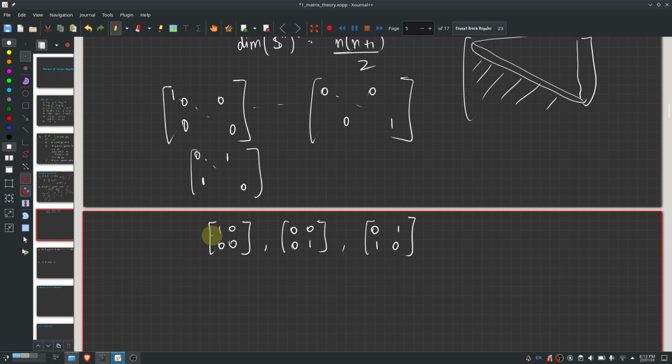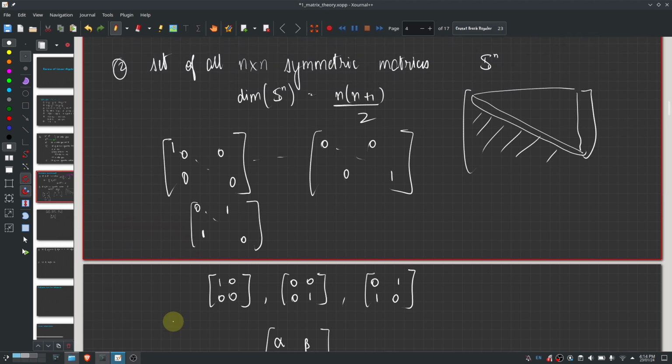And you can see that you can generate any symmetric matrix as a linear combination of these. Correct? So any linear combination of these would take the form alpha, beta, beta, gamma. Correct? And any symmetric matrix can be written in this particular form. Right? Is that clear? Any questions?